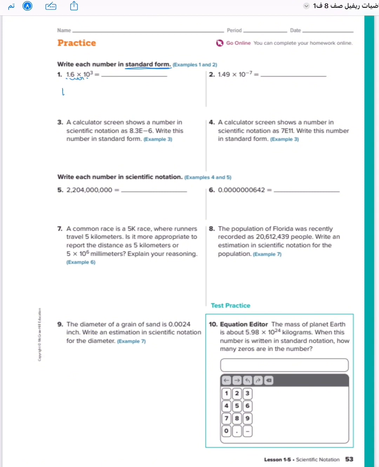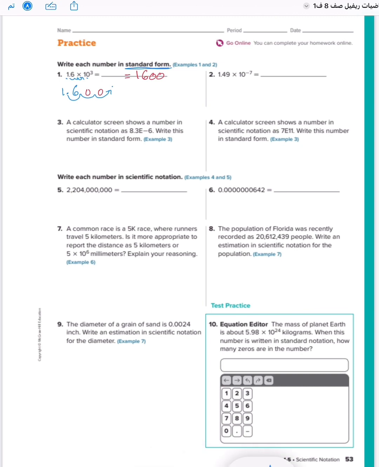So 1.6, and 1 2 3 must be here. What shall we put in the empty space? We put 0 0. So the answer is 1600.